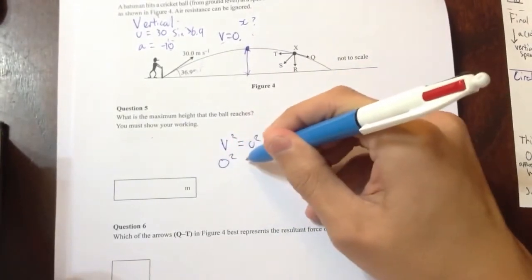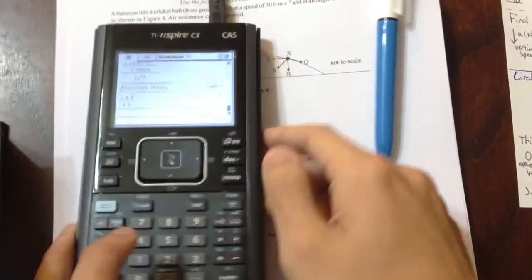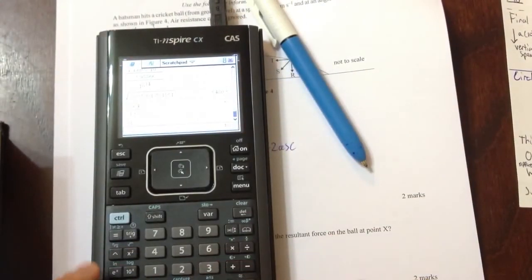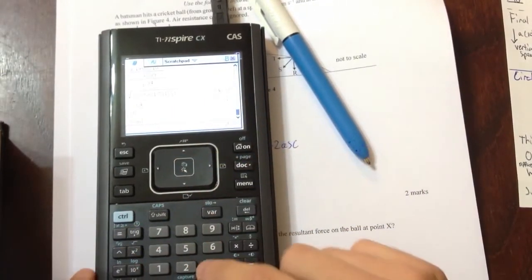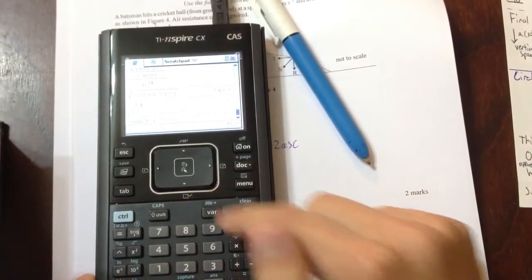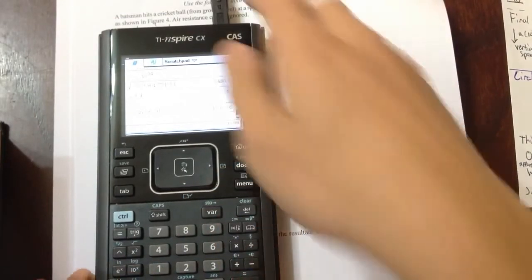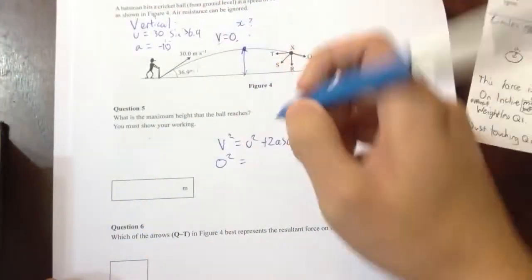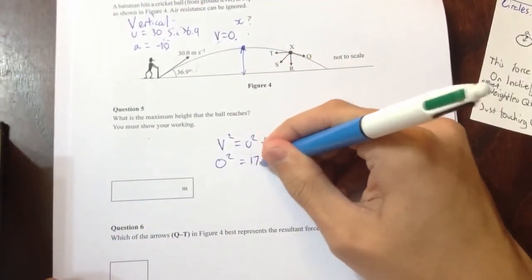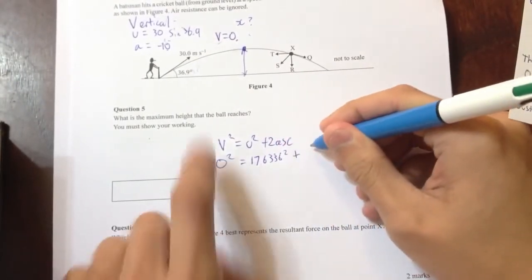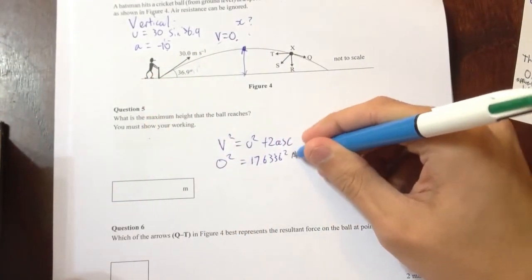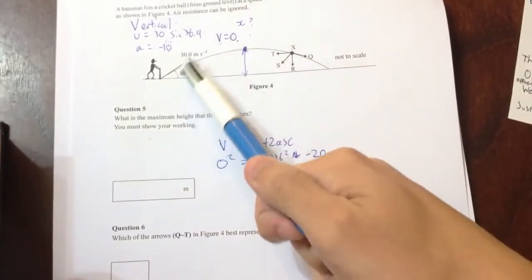Or 0 squared equals, okay, what's 30 sine 36.9? I need to figure out what that is now. 30 sine 36.9, and I'm going to hope this is in degrees. And that's in degrees. But u is 17.6336 squared plus 2 times a. So that's minus 20x because a is negative.